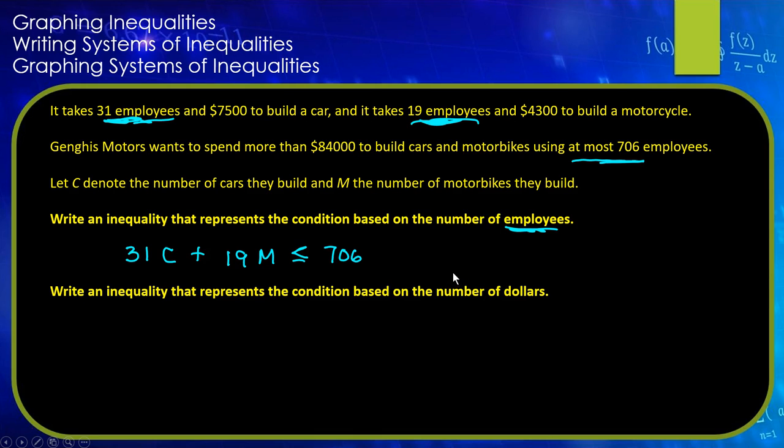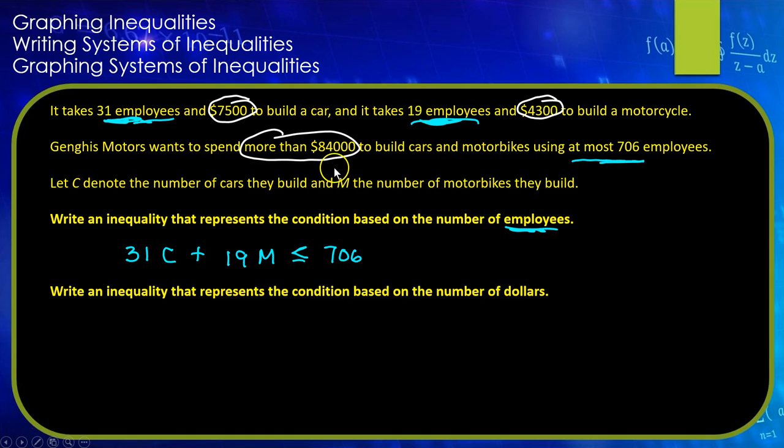As far as money being spent, which is kind of a strange situation they're giving you here, he wants to spend more than $84,000. Now, usually you would limit yourself and say, I'm going to spend up to this amount. But here he says, for whatever reason that the motor company has, they want to spend more than $84,000 to make these vehicles.